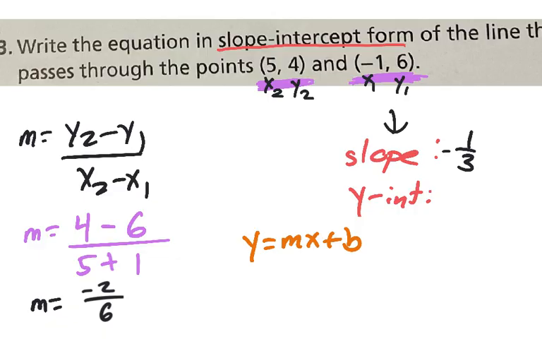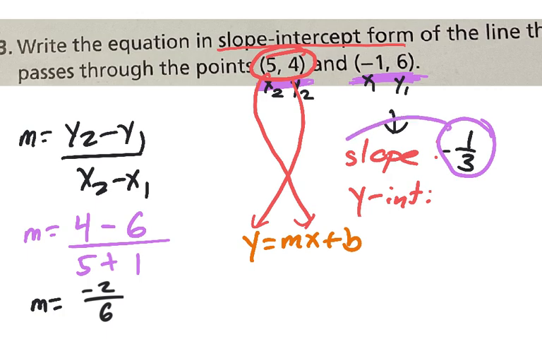So that's all we have to do then. We're going to pick a point. I would pick the one where both values are positive. I don't like working with negative numbers if I don't have to. So I'm going to take 5, 4. I'm going to plug 5 in for x, 4 in for y, and I already found out the m, or the slope, was negative 1/3.